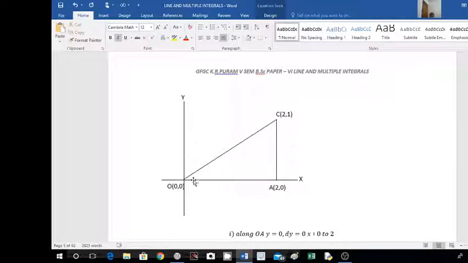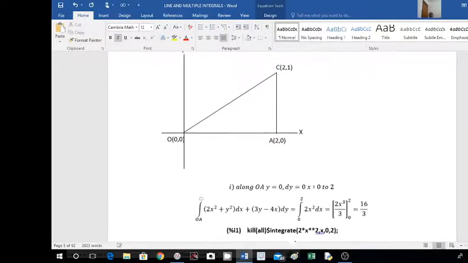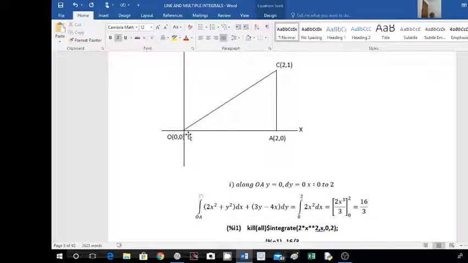Therefore, we have to find one integral along OA, the second integral along AC, and then integrate along CO. Along OA, what is the equation of this line? This is our x-axis, which means its equation is y equals 0. If y equals 0, then dy equals 0.